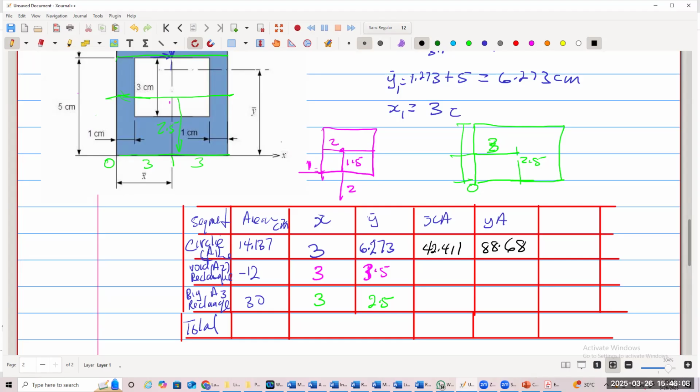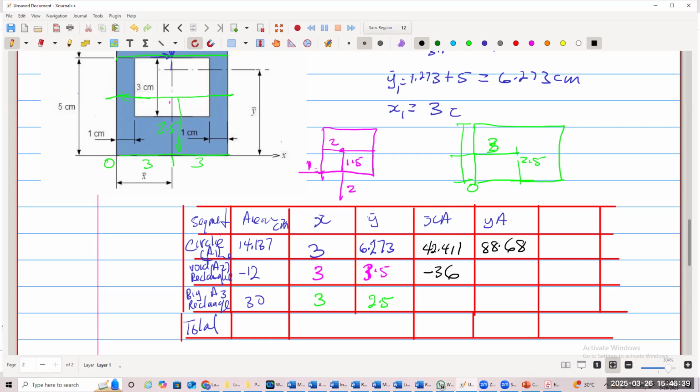All right, the next one is the minus here. So it's 12 times 3. That's 36, minus 36. And then the other one is 3.5 times minus 12. So minus 12 times 3.5. How much is that?